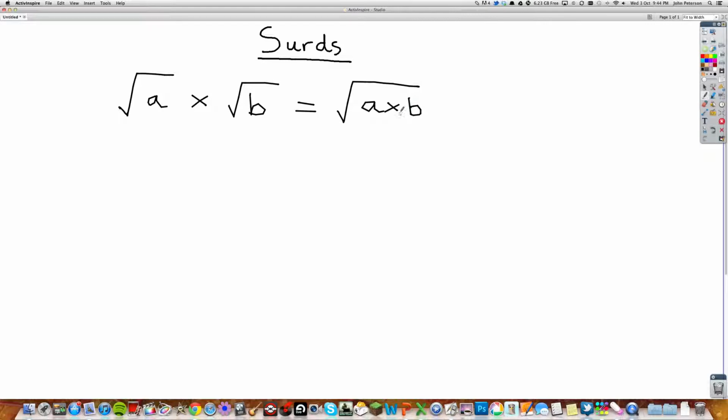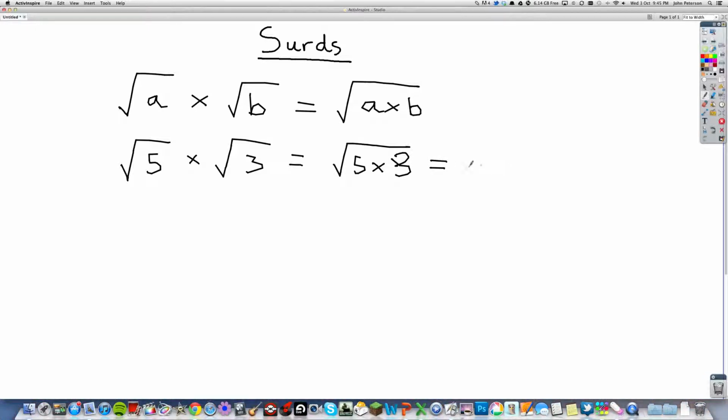As an example, the root of 5 times by the square root of 3 is equal to the square root of 5 times by 3, which hopefully you can see is the square root of 15.